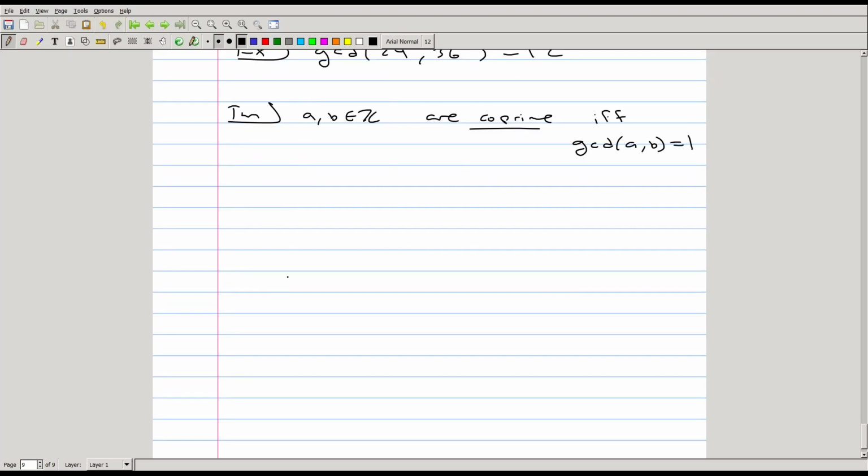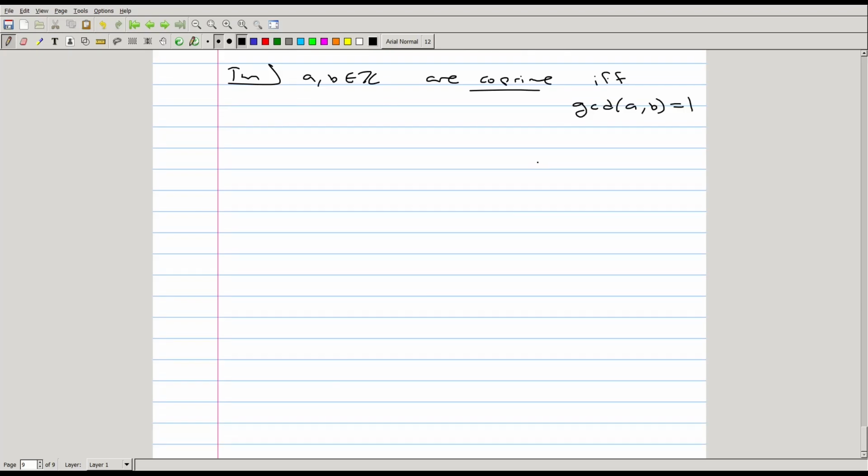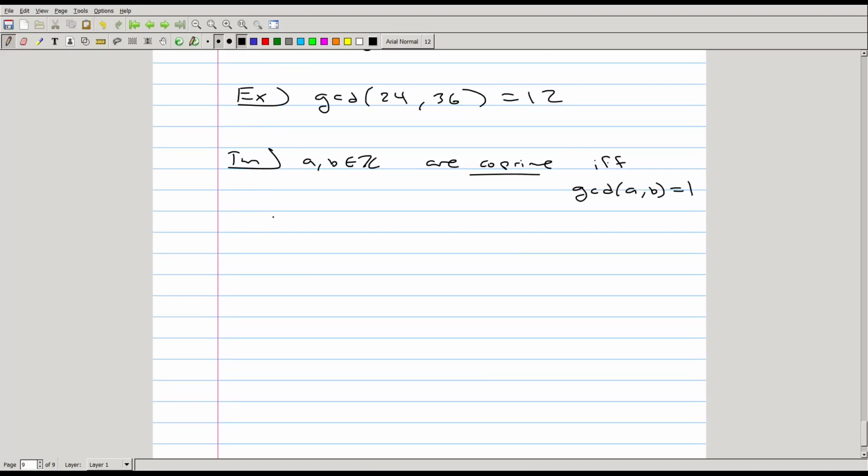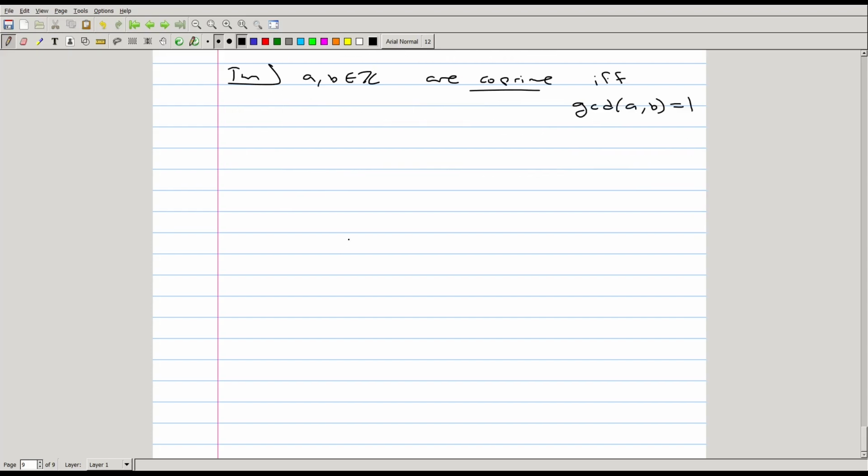But one of the tools that we have for measuring, in some sense, the coprimeness of integers is what's called the Euler's totient function, or the Euler's phi function, denoted by capital Phi.